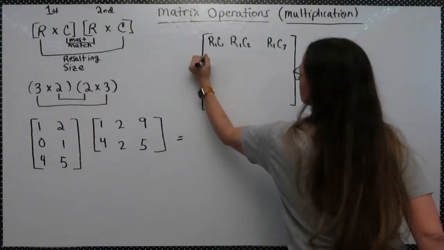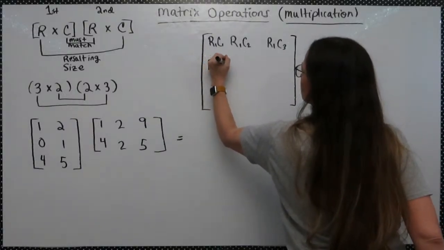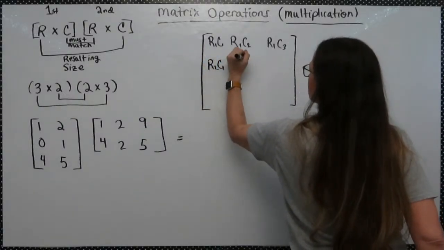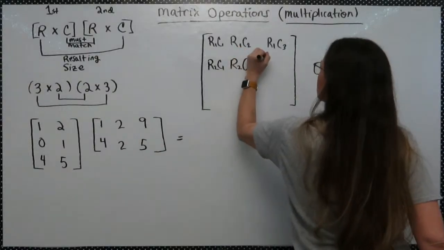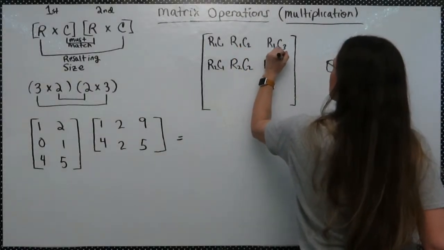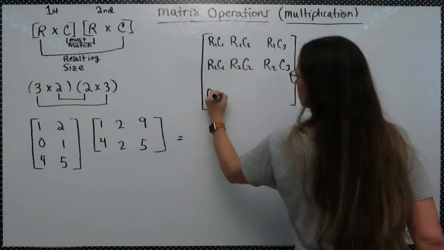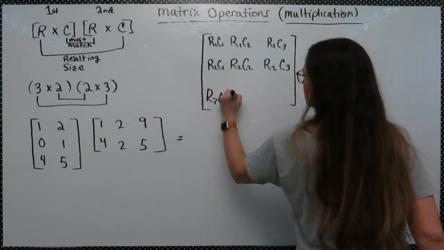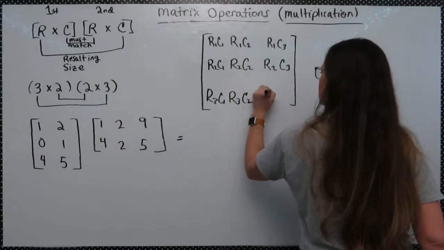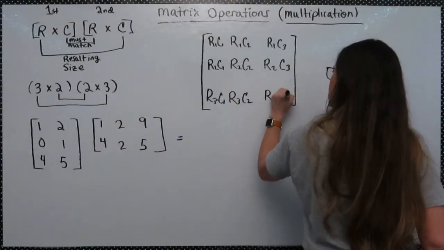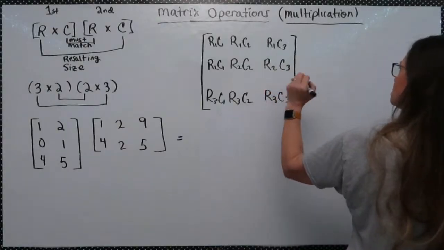And this one's going to be row 2, column 1, row 2, column 2, and row 2, column 3. And then we'll have row 3, column 1, row 3, column 2, and row 3, column 3. So all of these positions we have to find.